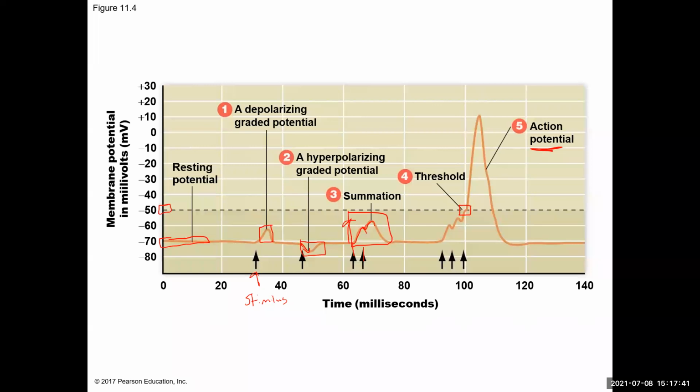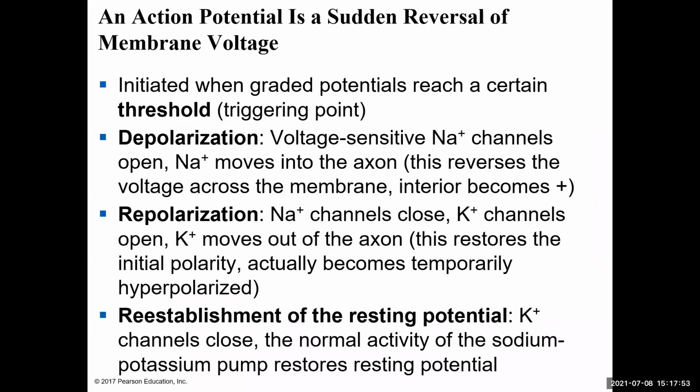From here to here, this is an action potential. An action potential is just this sudden reversal of the membrane voltage. It becomes much more positive compared to its resting membrane potential. And that action potential, remember, is initiated when it has a graded potential or a summation of graded potentials that cause that threshold to be reached.